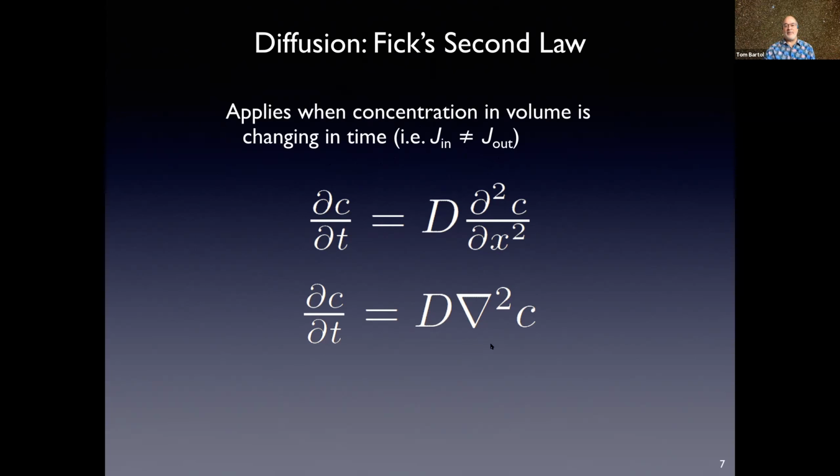If that's true, then Fick's second law is what you want to use, and it can be expressed like this: the partial derivative of the concentration with respect to time is given by the square of the gradient (the Laplacian) of the concentration times a scaling factor called D, which is the diffusion constant.